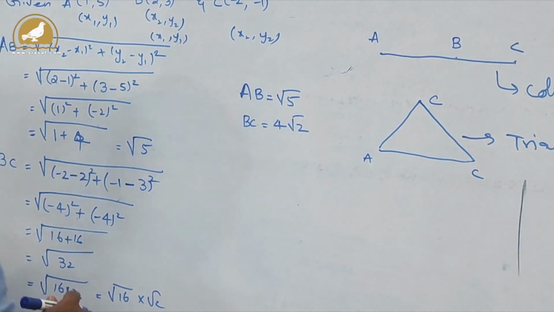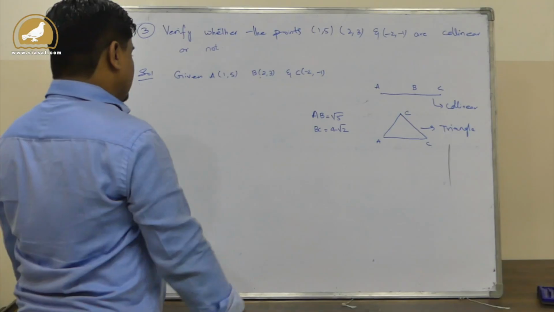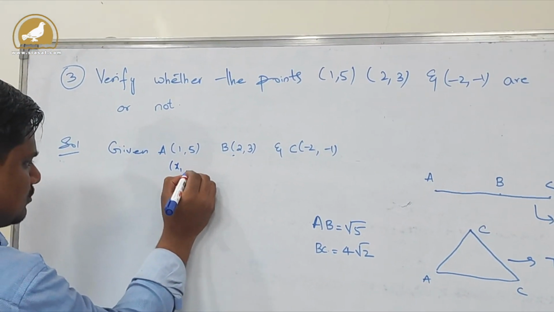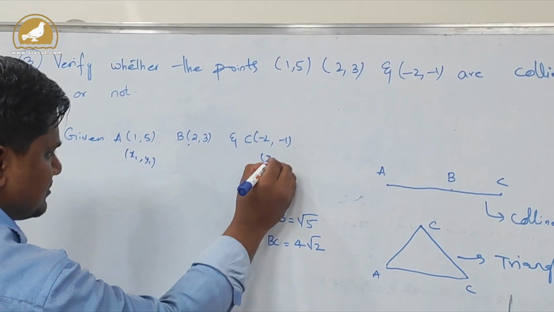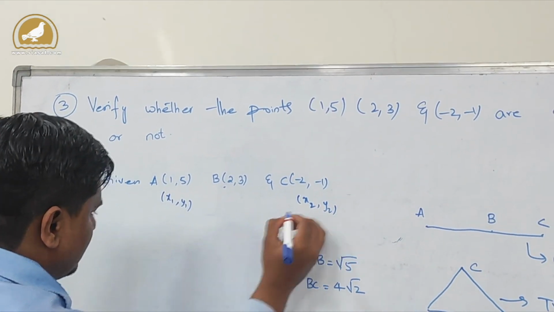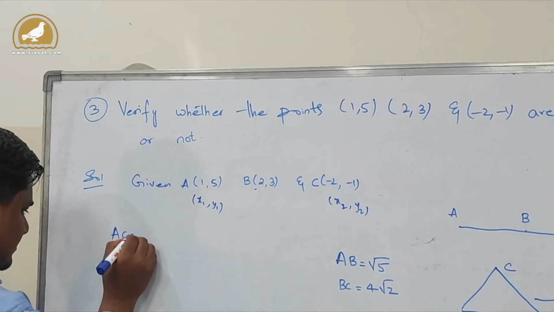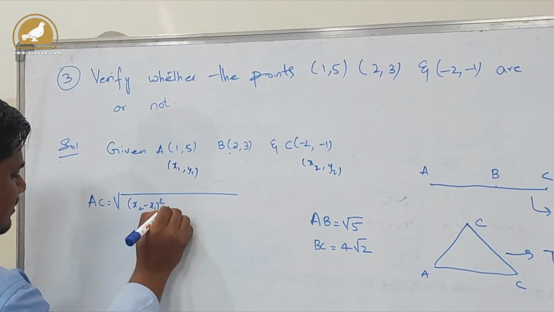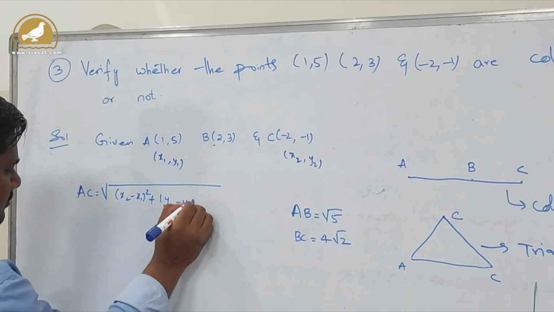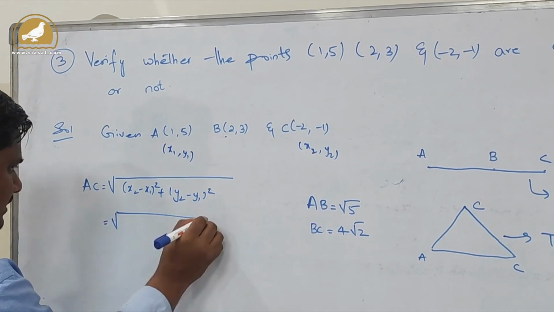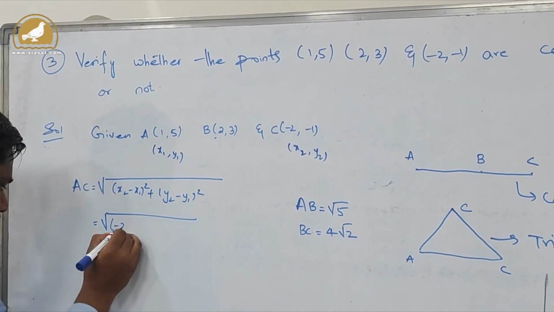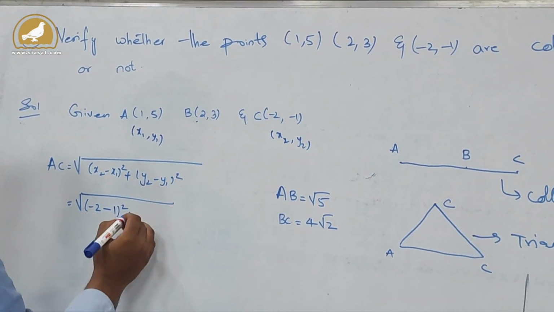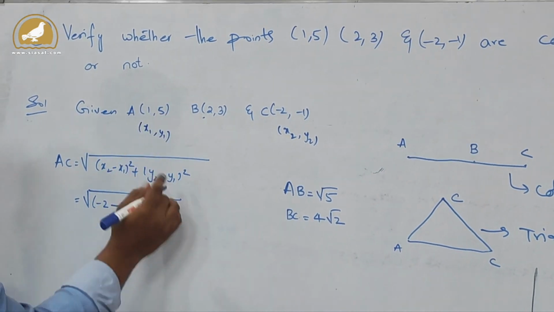Now we will calculate the distance between A and C. This will be x1, y1 and this will be x2, y2. Again the same formula: x2 is minus 2, x1 is 1, y2 is minus 1, y1 is 5.